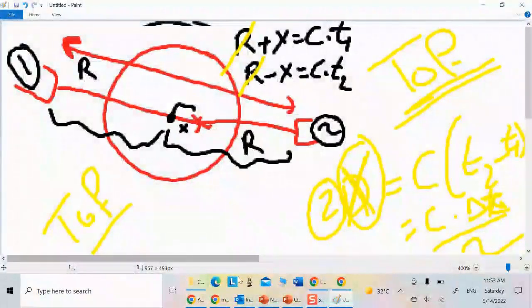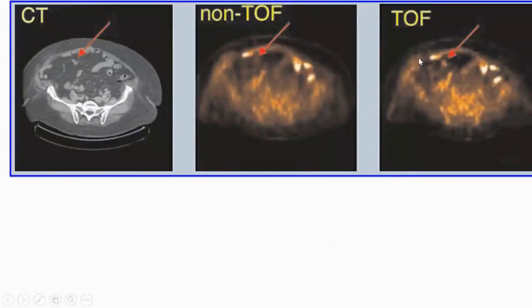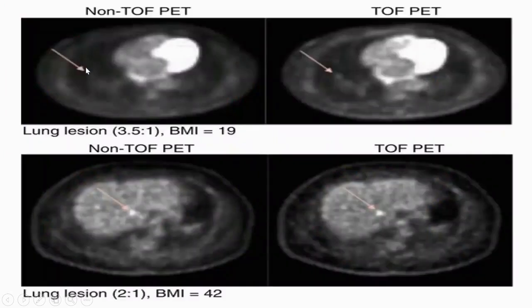If I have the time of flight, here is an image. For example, you see this legend. Here is the case of not using it, and here is the case of using it. Here it is higher, and here it is cleaner, compared to the image without time of flight.